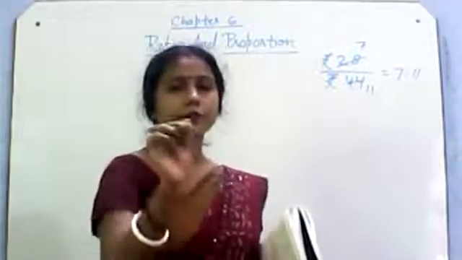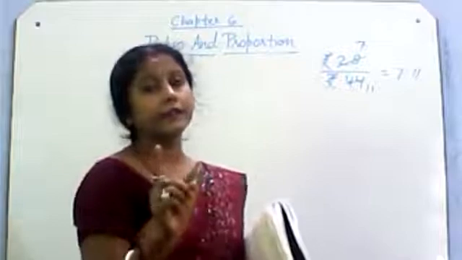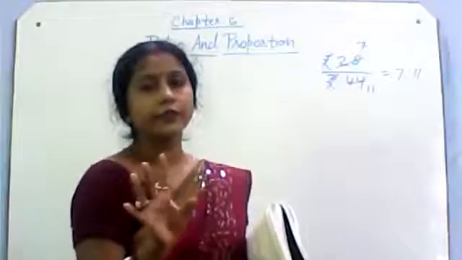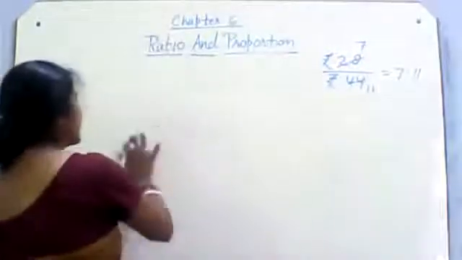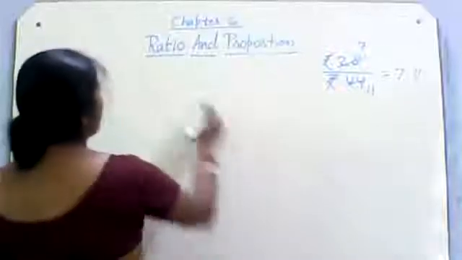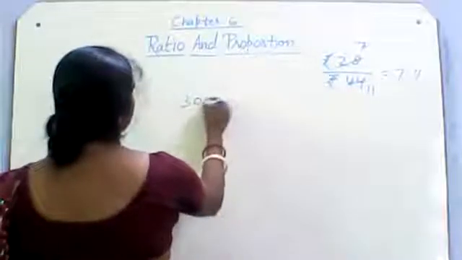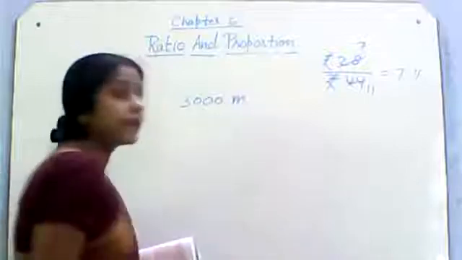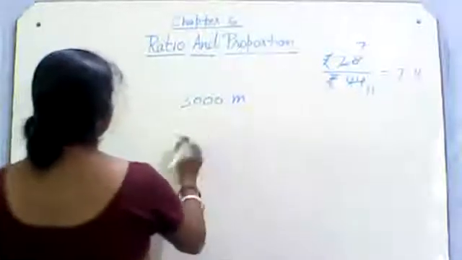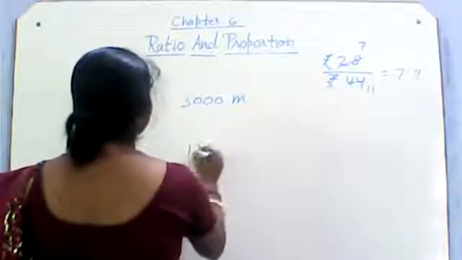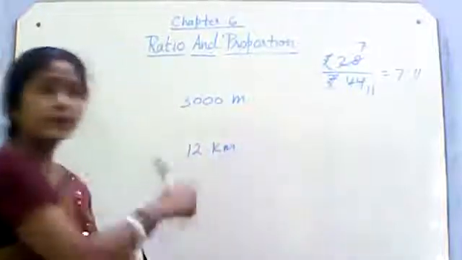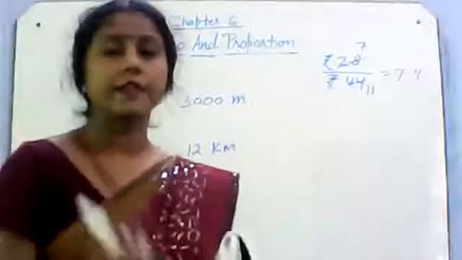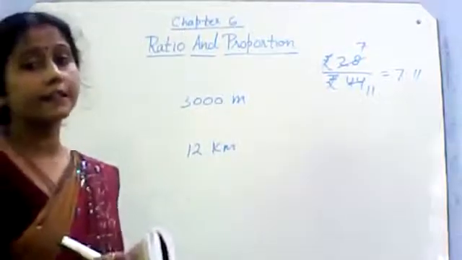Two numerals will be there. No units. So ratio has no unit. Okay. If units are given different, suppose you have given 3000 meter and you have given 12 kilometer. You have to make it in ratio.